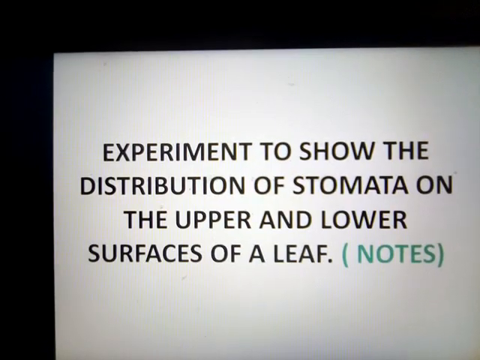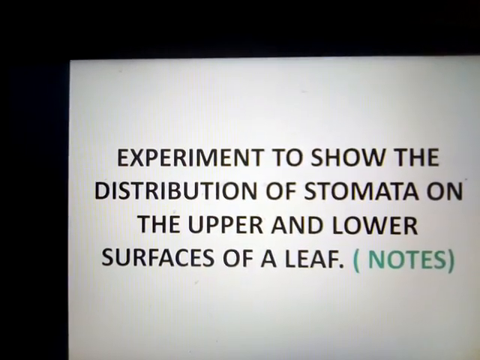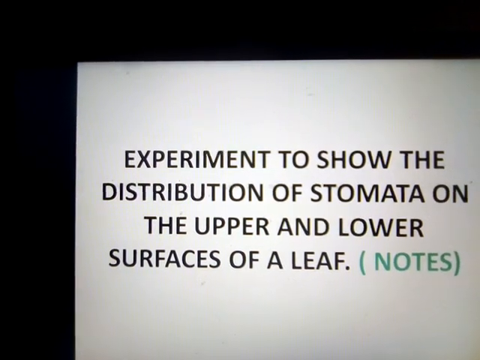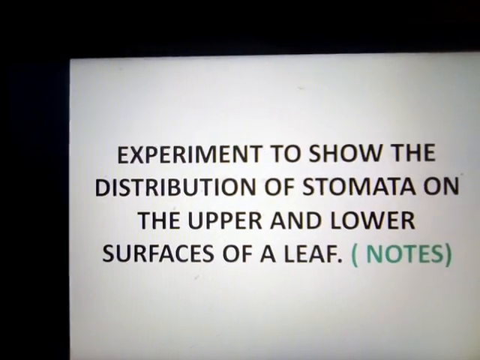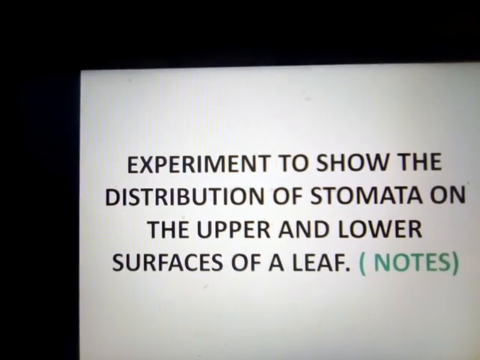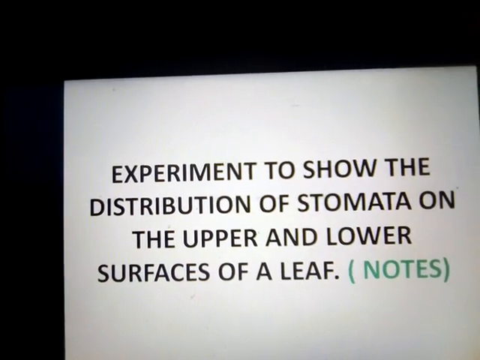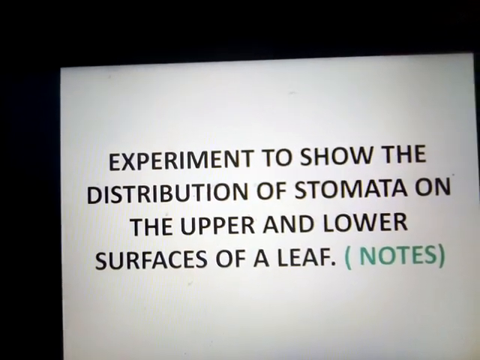An experiment to show the distribution of stomata on the upper and lower surfaces of the leaf. Two methods have been described here. Method 1.